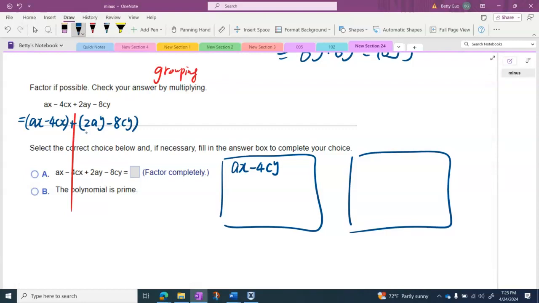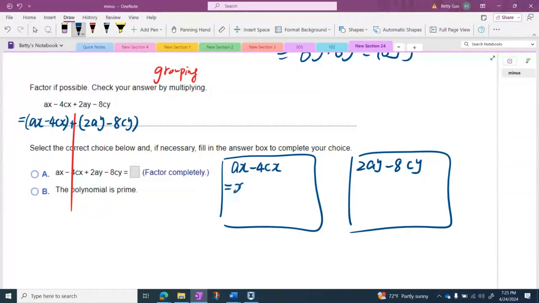Second box, the second group, 2ay minus 8cy. Oh, I copied it wrong. This is a 4cx. Double check: ax minus 4cx, and this is 2ay minus 8cy.